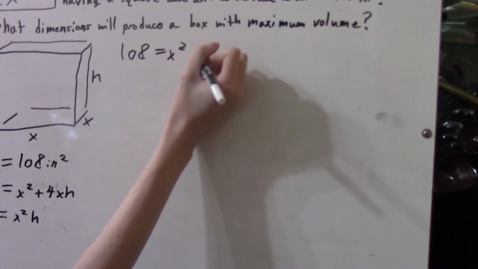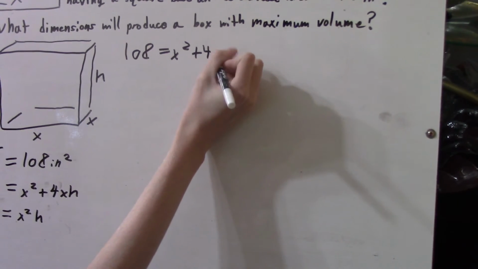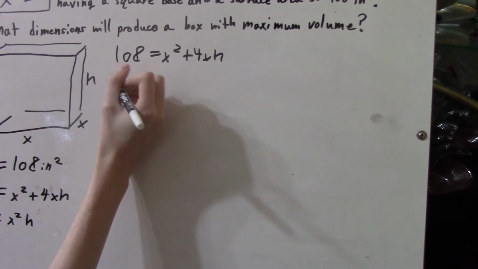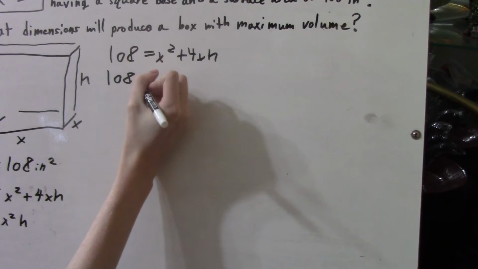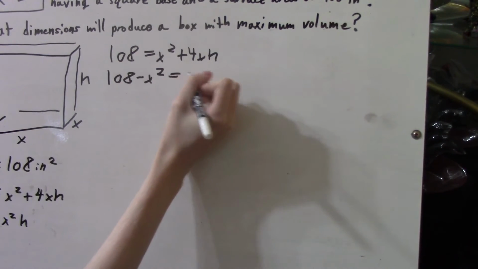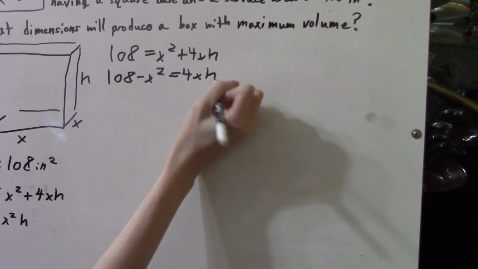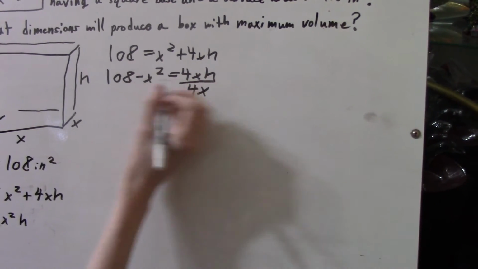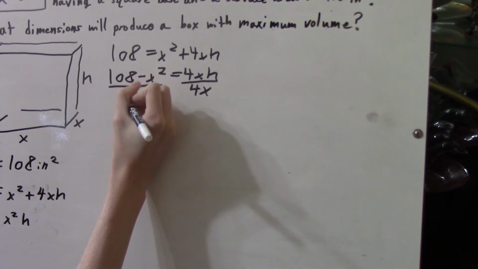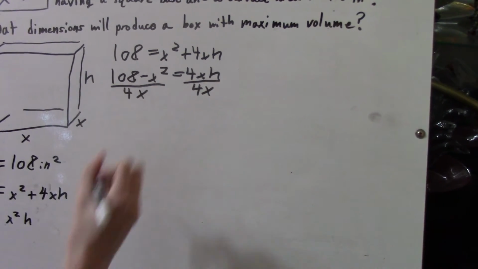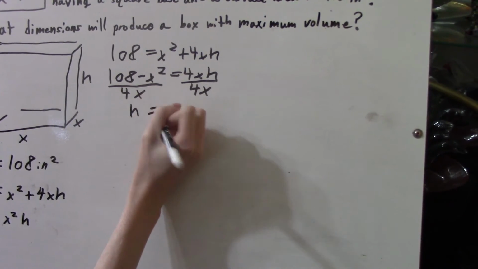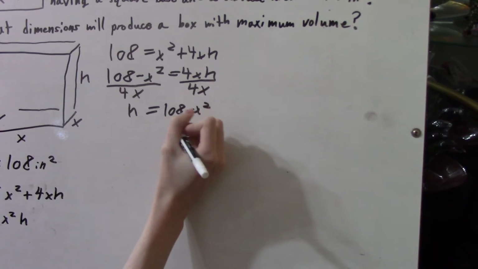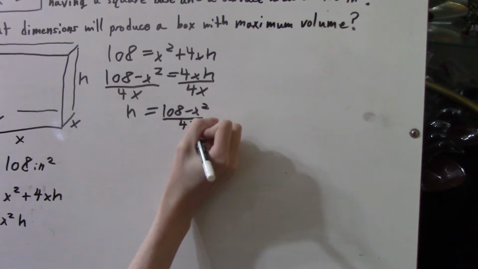So x squared plus 4xh. To get h by itself, start by subtracting x squared on both sides. From there, divide both sides by 4x, and that will get you h is equal to 108 minus x squared over 4x.